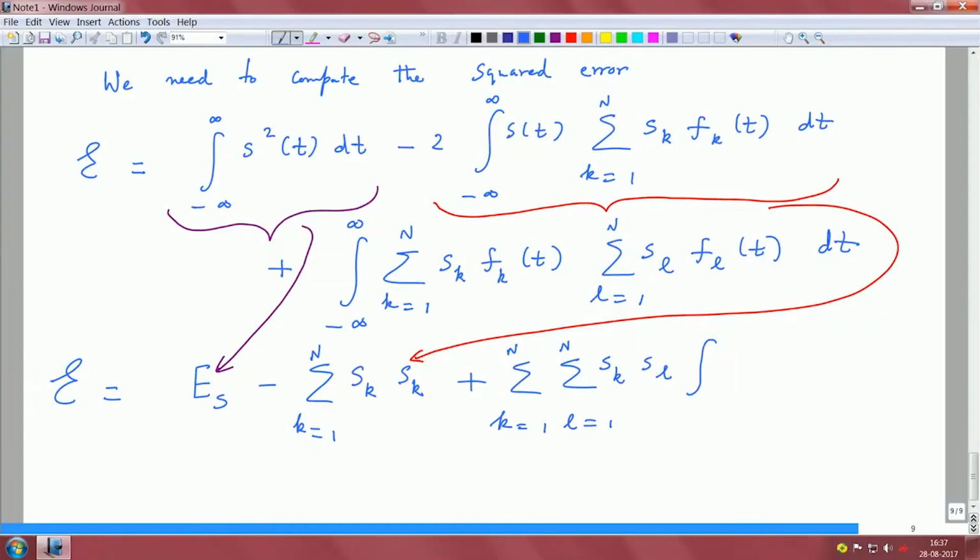I will not delve into those things because it is part of analysis, a separate course. So we will end up with this integral from minus infinity to plus infinity of fk(t) fl(t) dt.